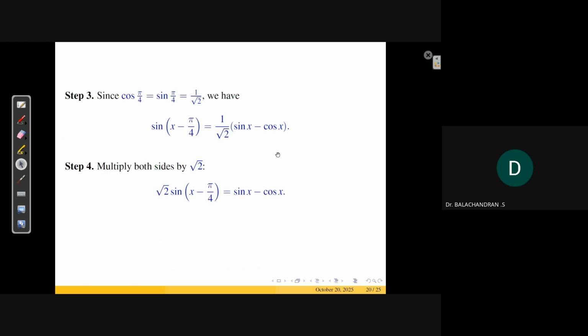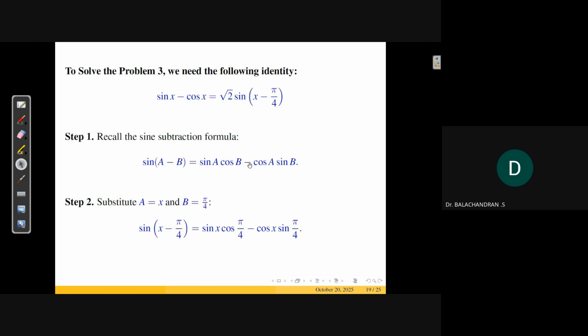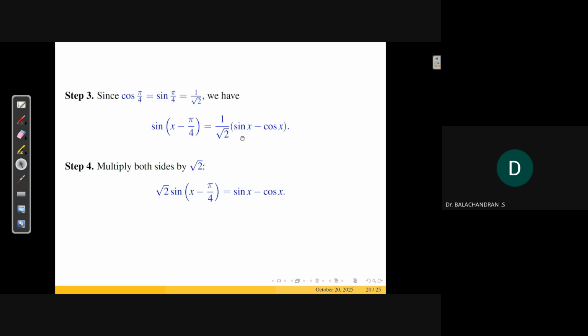So sin of x minus pi by 4 is equal to 1 by root 2 into sin x minus cos x, and then cross multiply: root 2 into sin of x minus pi by 4 equals sin x minus cos x. I am going to use this result in the next problem.